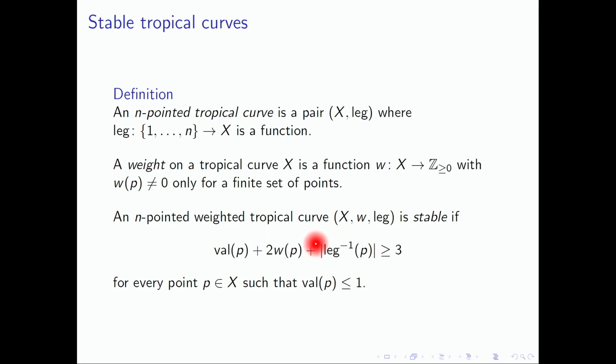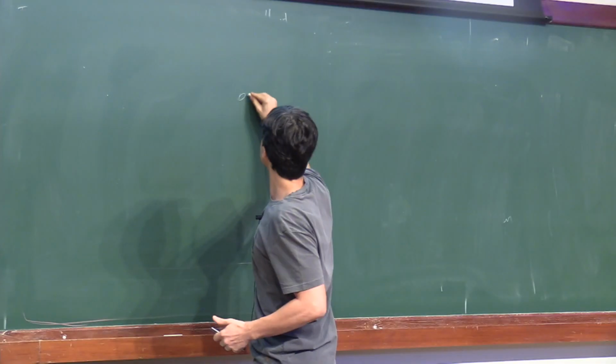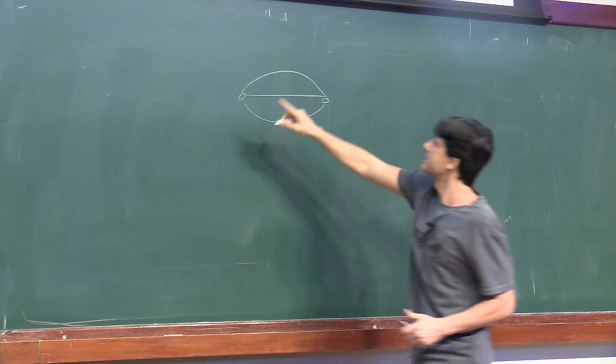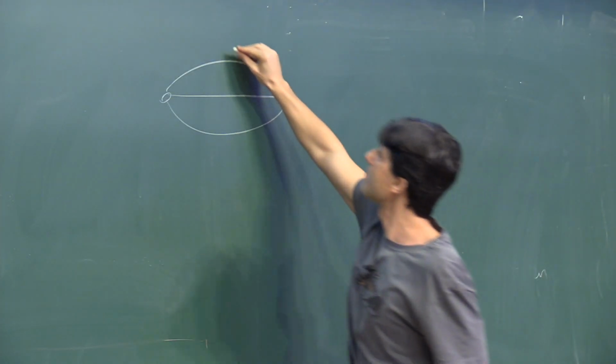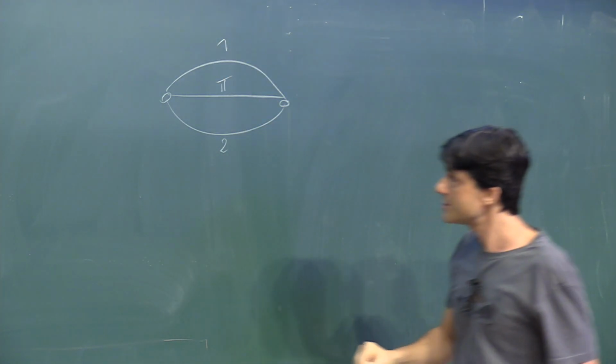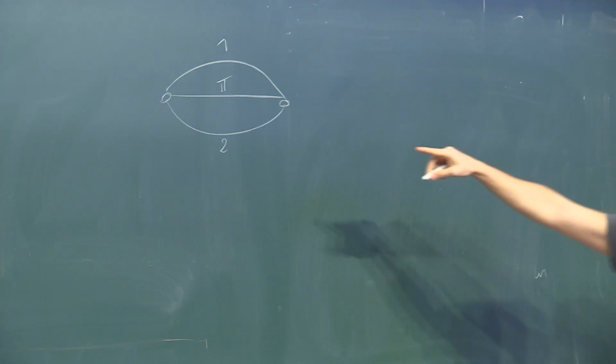So this is the condition that should hold for every given point of valence at most one. So for example, if I draw this tropical curve, it is a graph, and I have to put some length function on the edges. This is a stable tropical curve.